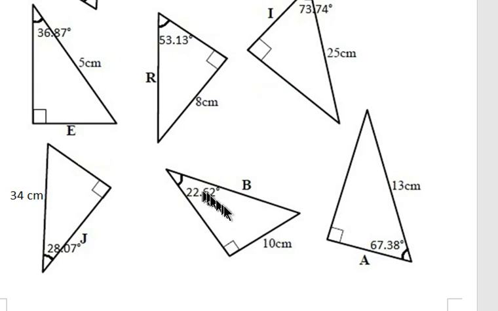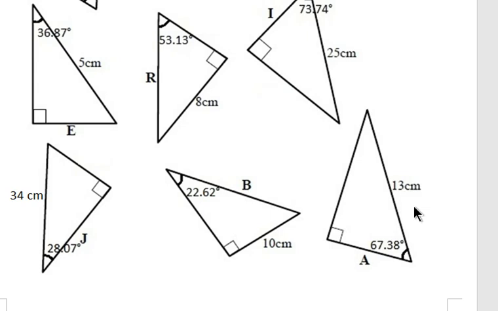So we use sine. It's the opposite of the angle. So 10 divided by, because the long side is unknown, so it's divided by. Alright, so 10 divided by sine 22.62. Press equals, and you'll get your answer.